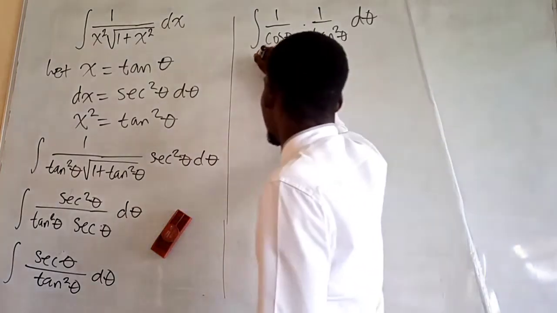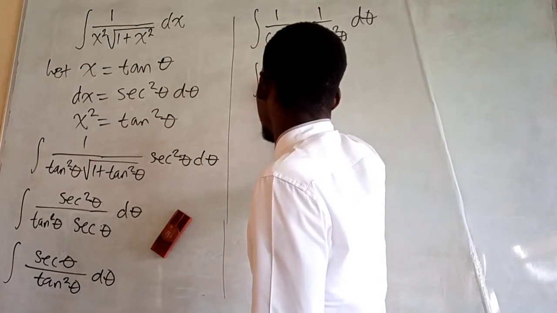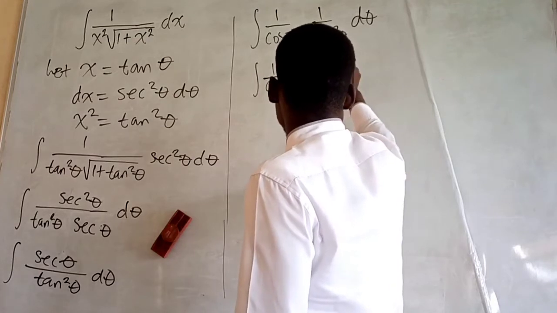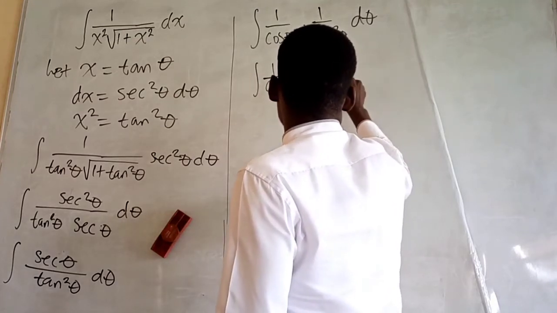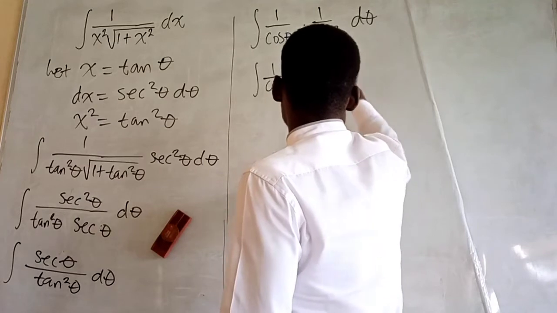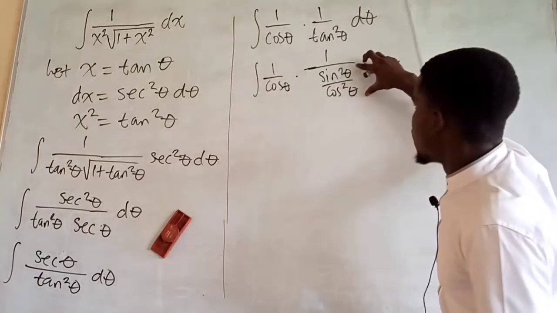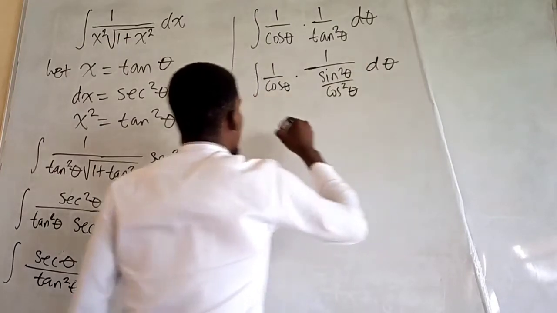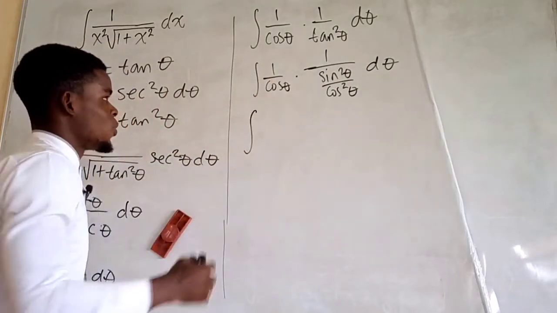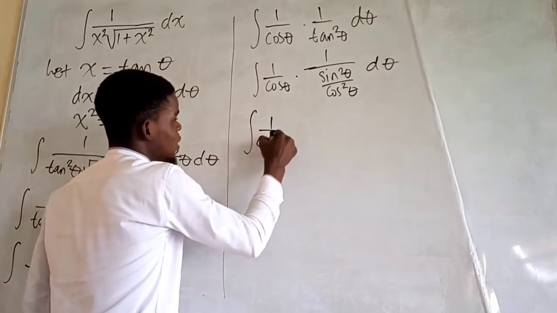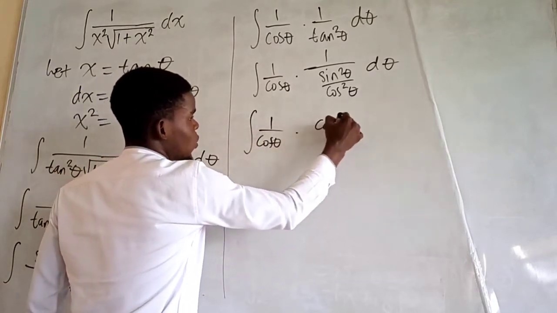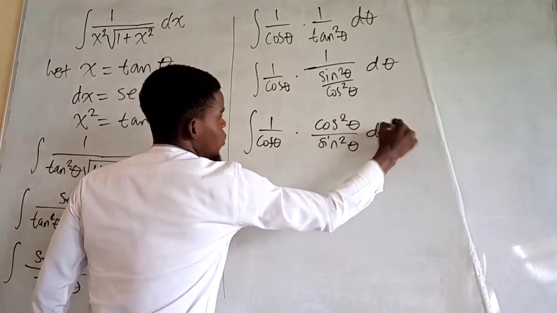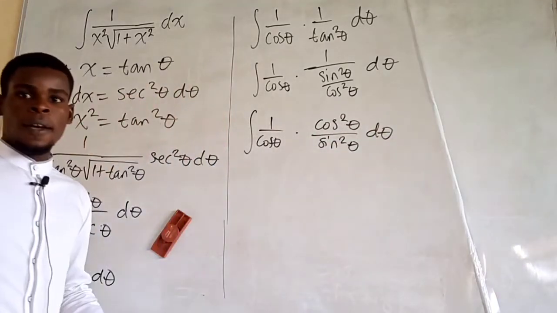We have the integral of 1 over cosine theta times cosine squared theta over sine squared theta, d theta.